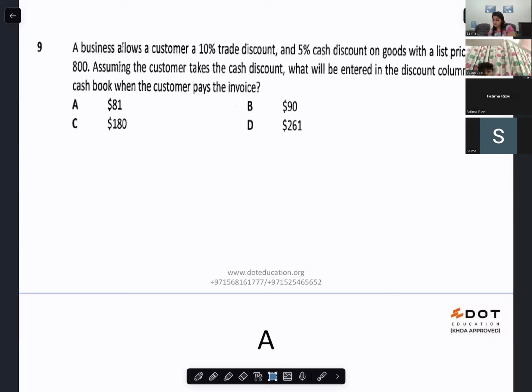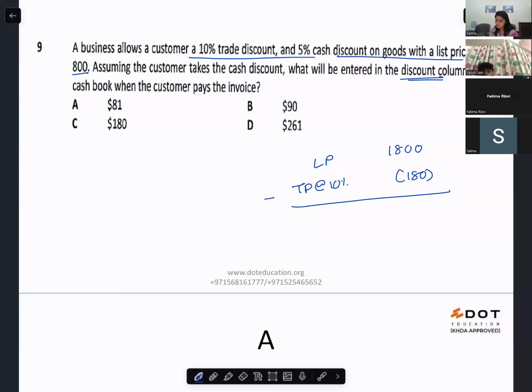Question 9. A business allows a customer a 10% trade discount and a 5% cash discount on goods with a list price of 1,800. Assuming the customer takes the cash discount, what will be entered in the discount column in the cash book when the customer pays the invoice? First you'll record the list price, 1,800, then do the trade discount, which is 10%, that's 180.